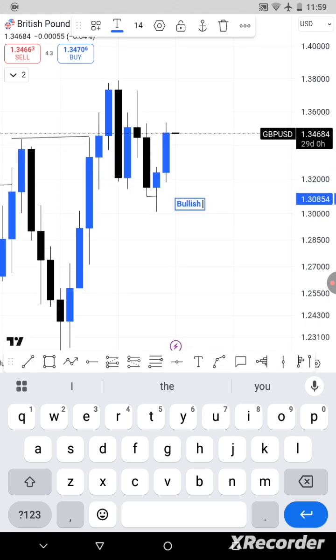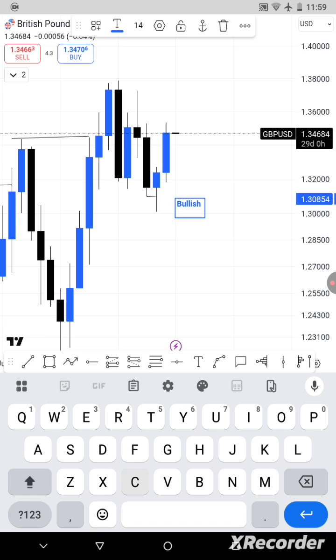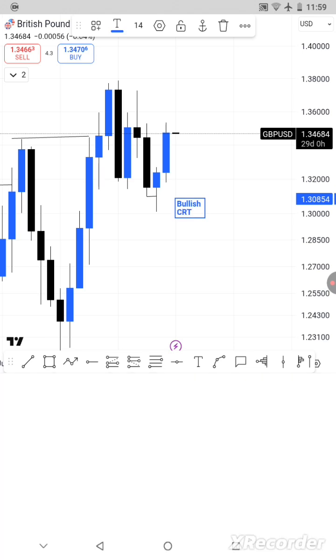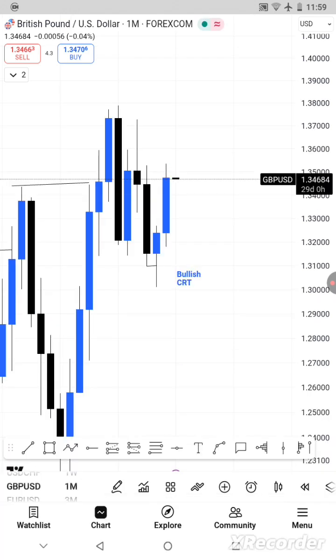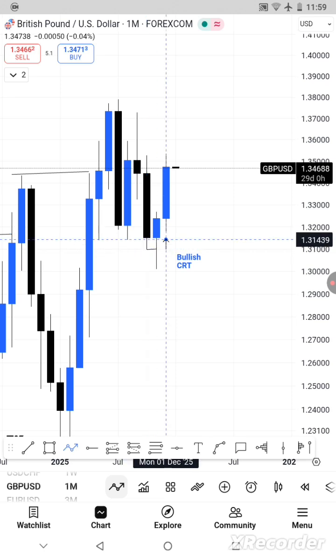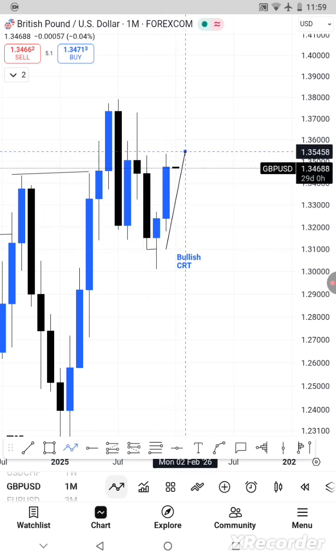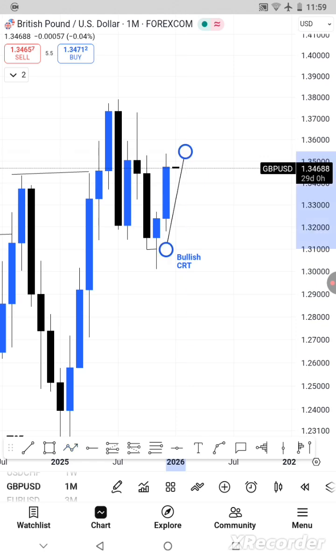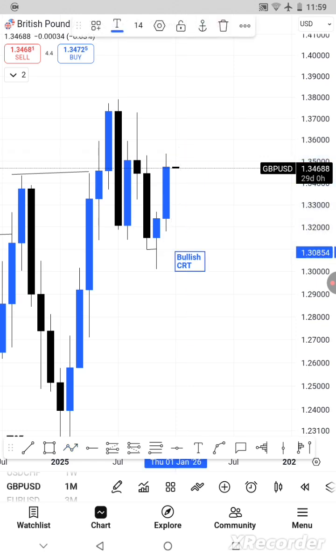This CRT is responsible for the upward movement of this.